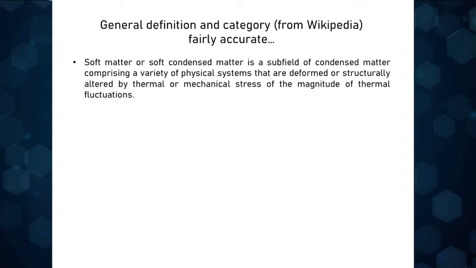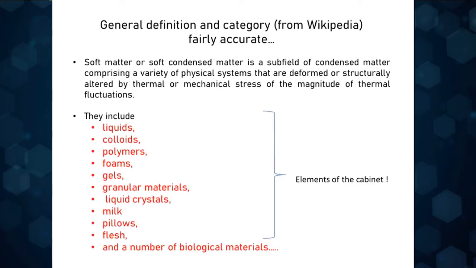So if you go further, the kind of soft matter you come across is of very large variety. In fact, I call it elements of a cabinet because there is so much stuff to offer from this whole list.